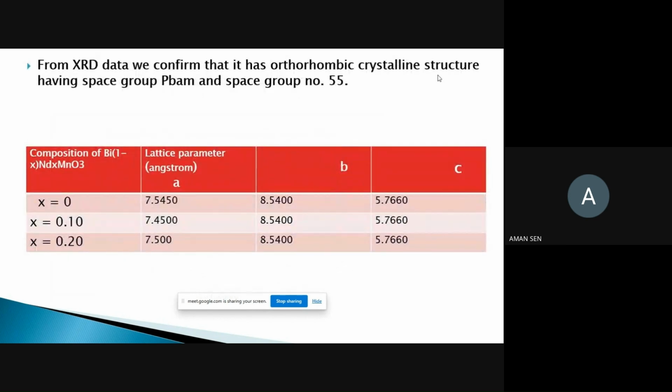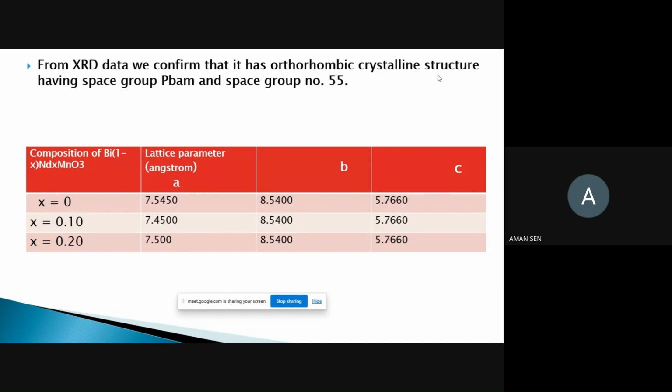We made the samples with three compositions: x equal to 0, x equal to 0.10, and x equal to 0.20. As we can see, the lattice parameter a decreases with the substitution of Nd3+. Why does this happen?